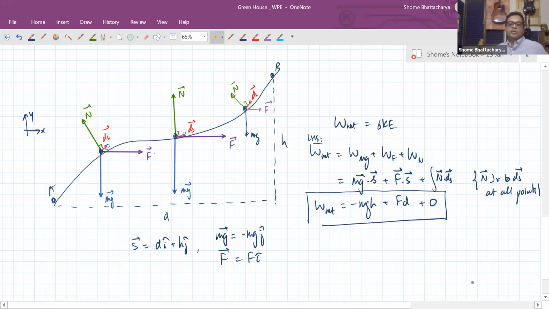It's always normal to the surface and ds is tangential to the surface. So N is normal or perpendicular to the surface, and ds is tangential.